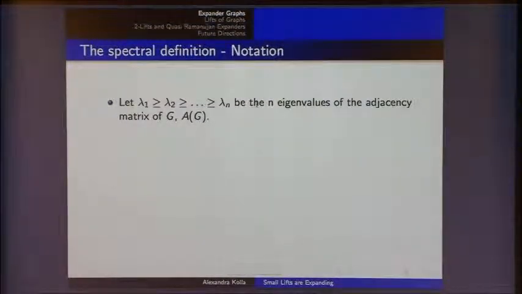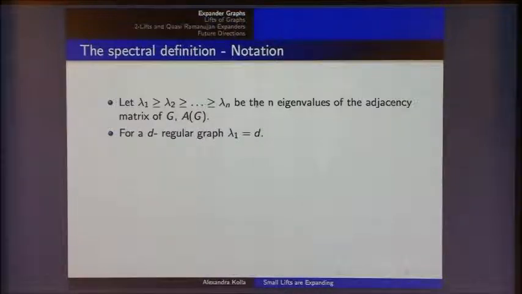And for the spectral definition, which is what we're going to be interested in for this talk, and the two are very related, let's define some things first. Look at the adjacency matrix of G, and then being a symmetric matrix, it has n real eigenvalues, and let's order them in decreasing order, lambda 1 through lambda n.